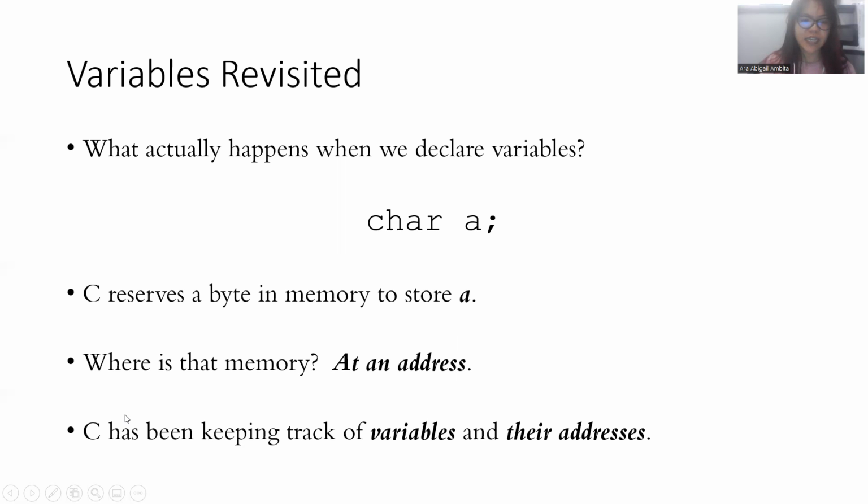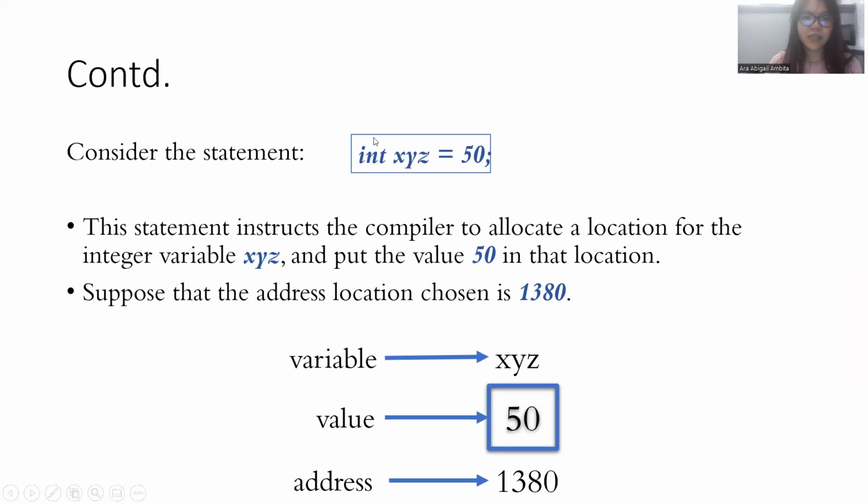And C keeps track of variables as well, such as in this statement, int xyz equals 50. This statement instructs the compiler to allocate a location for the integer variable xyz and put the 50 in the location.